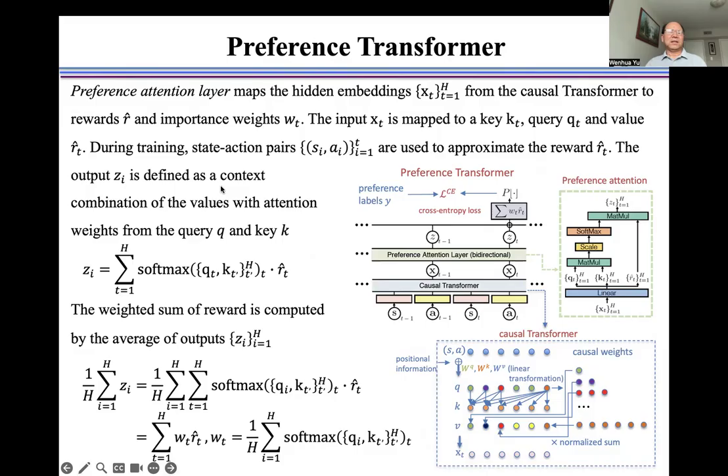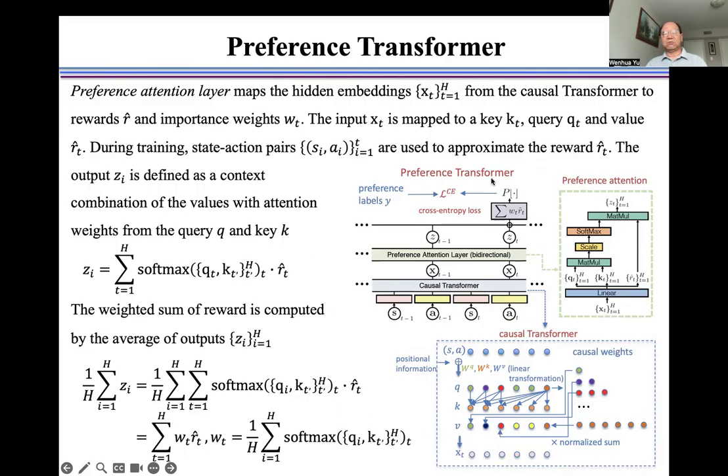The output z_i is defined as a weighted combination of values with attention weights from query and key, as shown here. The weighted sum of reward is computed by the average of the output z_i, as shown here, where w_t is calculated from this formulation as shown here.